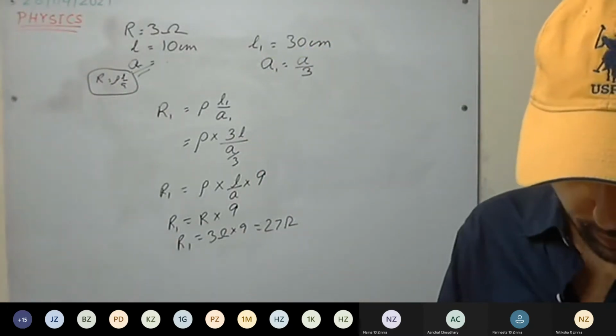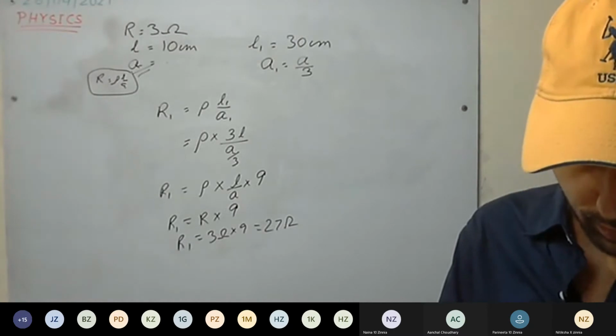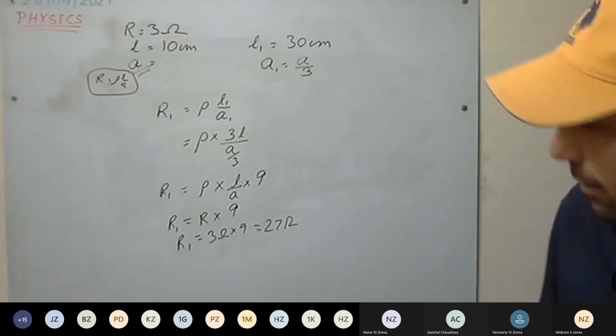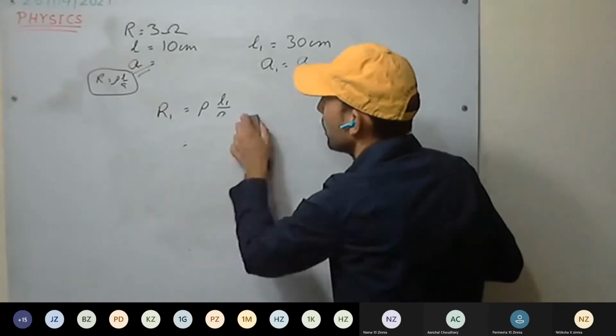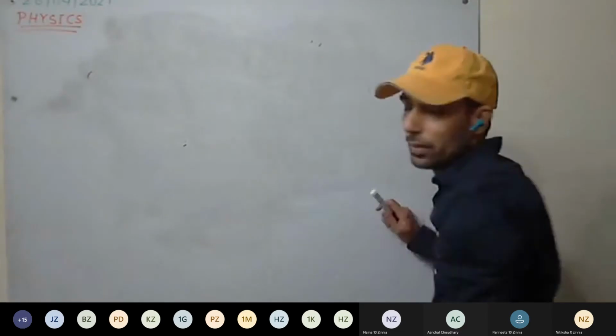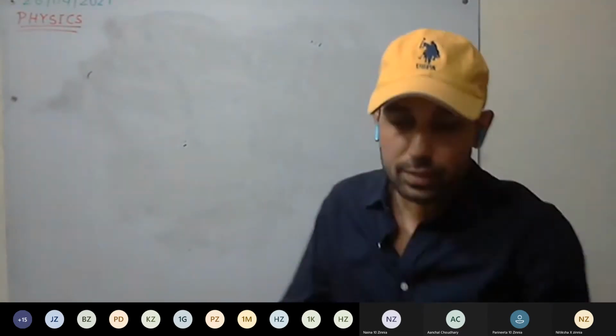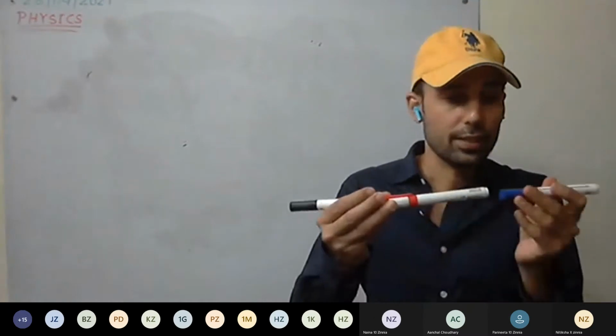Next one. A wire of resistance 9 ohm is tripled on itself. What is the new resistance? Tripled on itself, so for example, we take this as the wire.